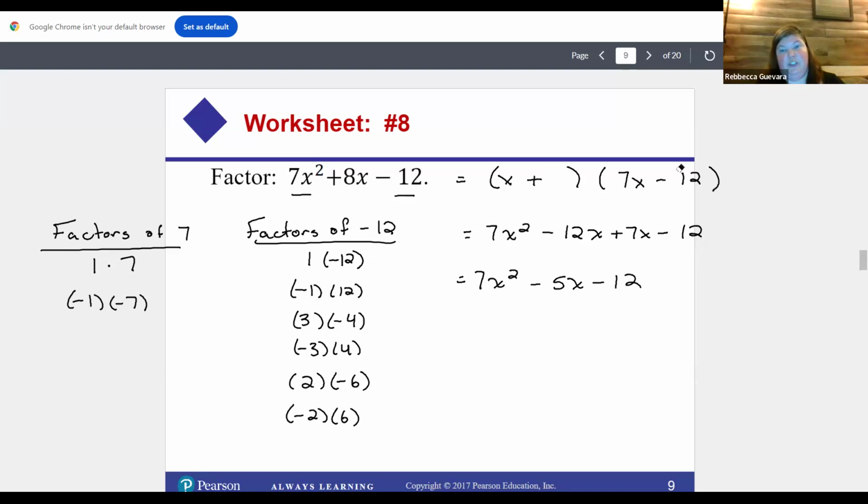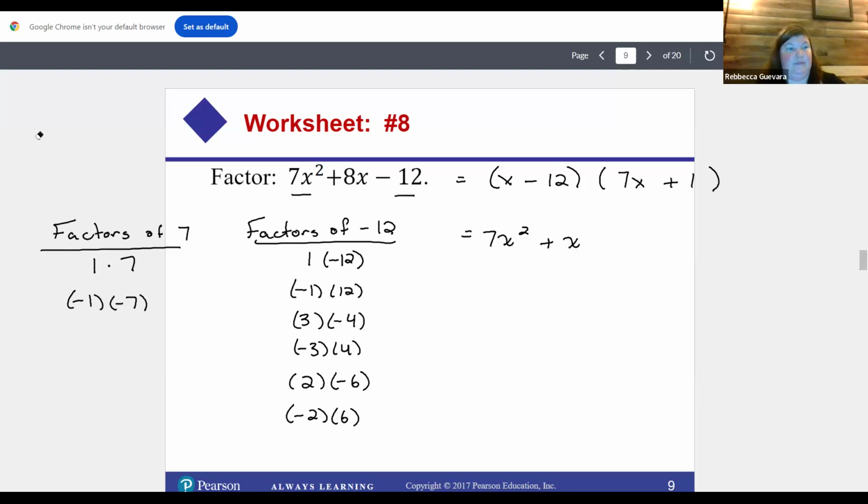So if we switch those last 2 numbers, so if we put the -12 here, and then the 1 here, let's see, we're going to get 7x squared plus x.